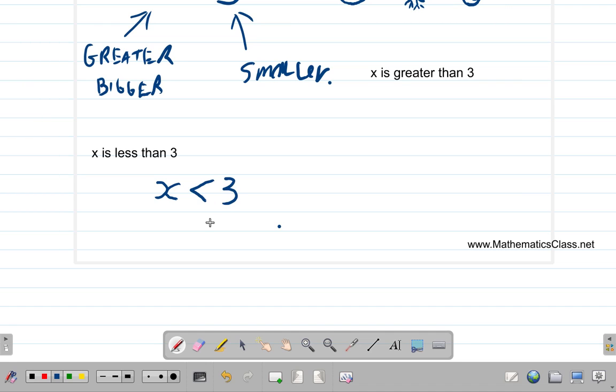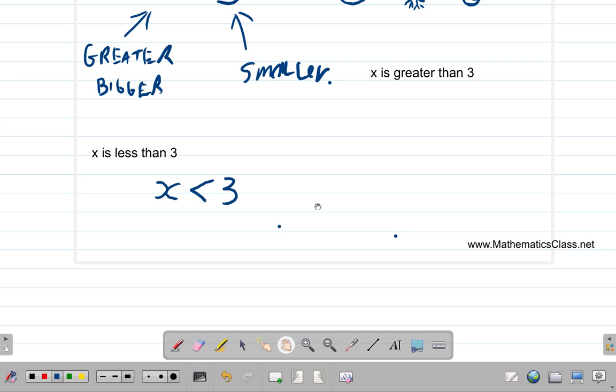X is smaller than 3. So the bird turns its back to x, the smaller food, and opens its beak to 3, the bigger food. So x less than 3 means the same as 3 is greater than x.